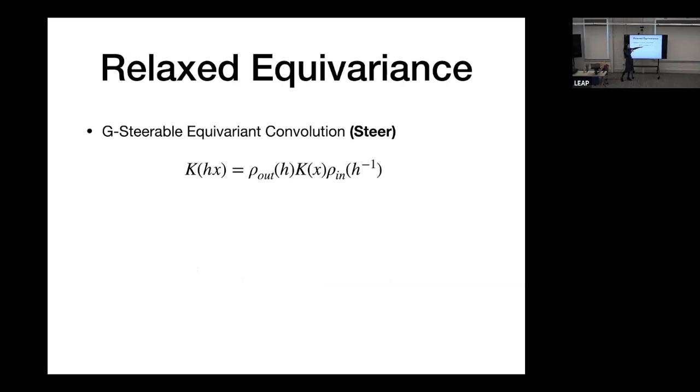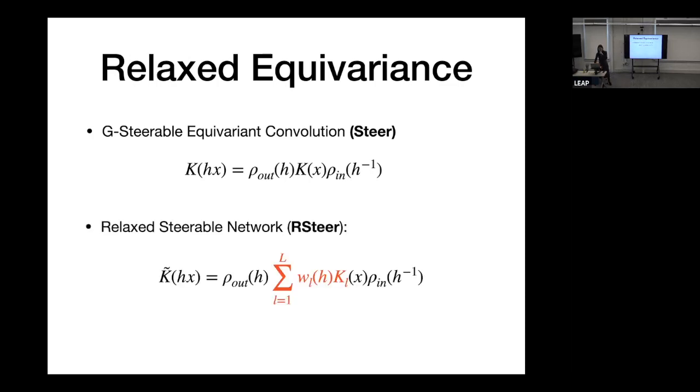And then we can also compute a similar type of relaxation for steerable convolution, a type of equivariant convolution. The equation that we showed before is a more efficient way to compute equivariant networks. Instead of computing aggregation over group elements, we compute the equivariance by first computing the representation of the group as a left and right multiply using matrix multiplications, and then we have the kernel that needs to be solved using linear constraints.